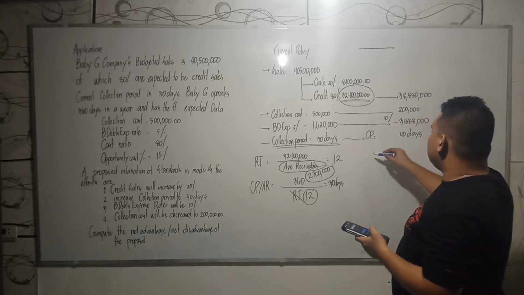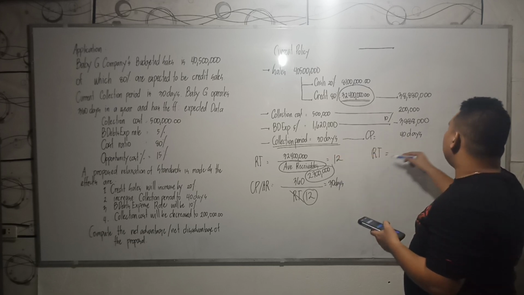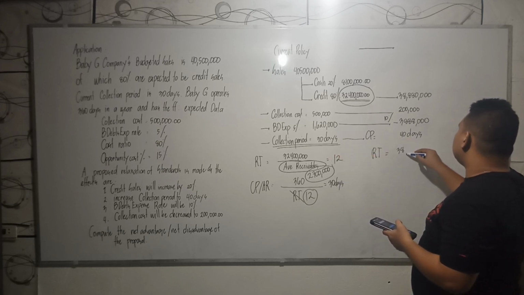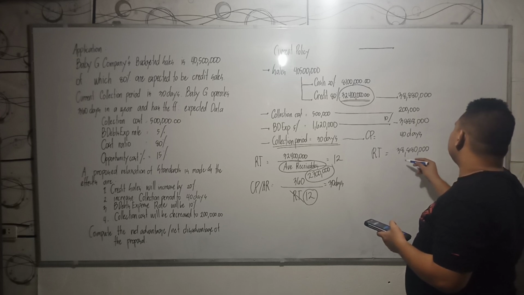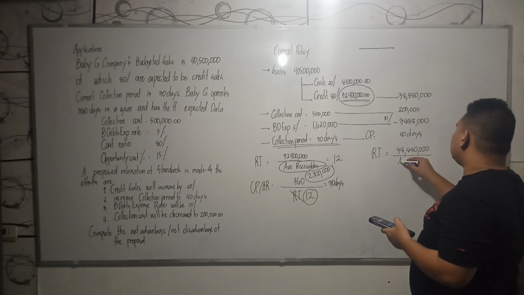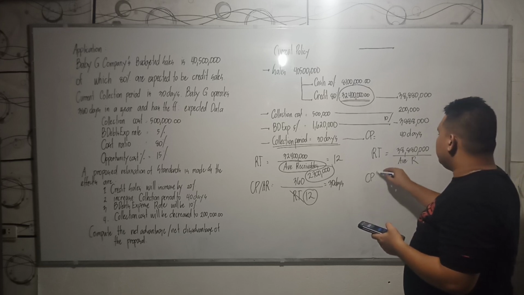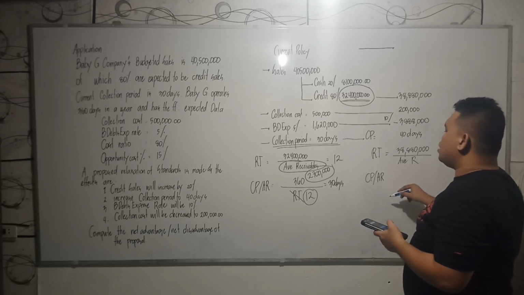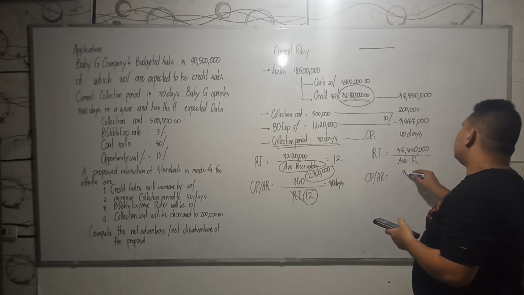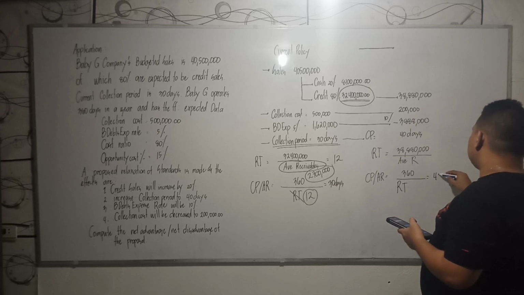So, we have to compute like this. You have receivable turnover. Instead of 32,400,000, we're going to use the new sales, 38,880,000, divided by average receivables that we don't know yet. And then we have the collection period, or the age of accounts receivables. We have 360 again. However, we don't know yet the receivable turnover, but the collection period is 40 days.